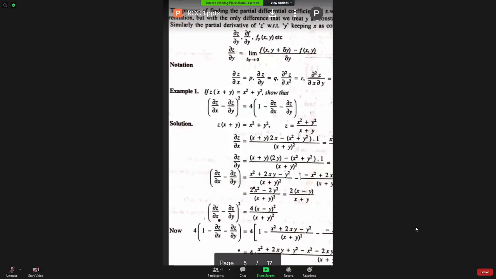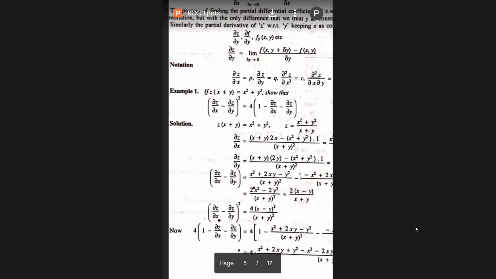After finding z, just take the differentiation. Because in the expression you require del z del x and del z del y, give the derivative of z with respect to x, keeping y as a constant.